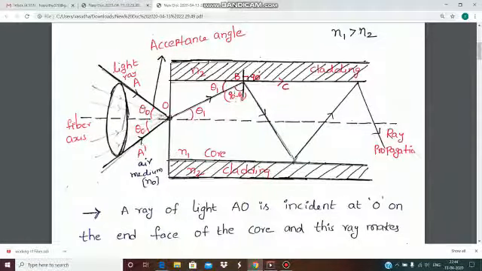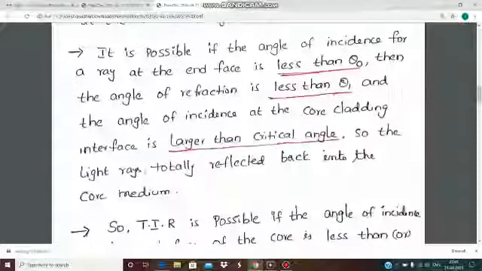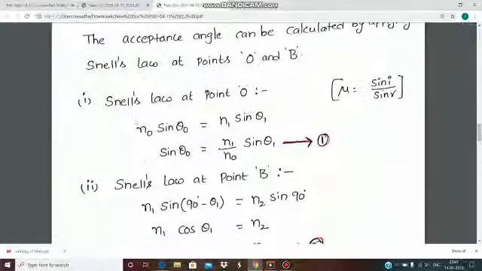Here at point O, light rays are propagating from the air medium to the core medium. Here the refractive index of air is N0, and the core refractive index is N1. Now if you apply Snell's law, here it is the incident angle and here it is the refraction angle. N naught sin theta naught equals N1 sin theta 1.